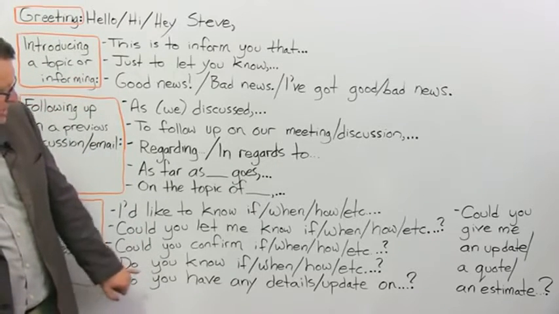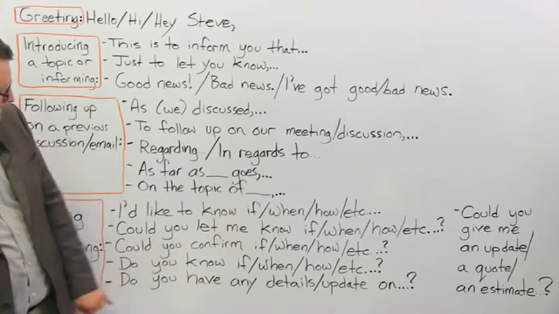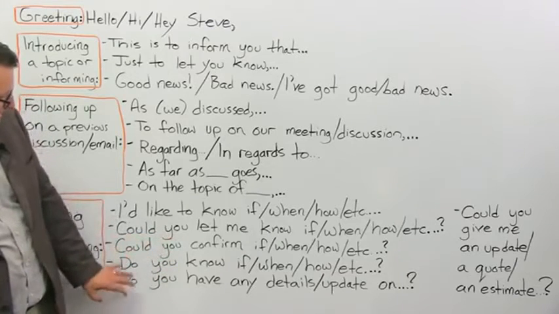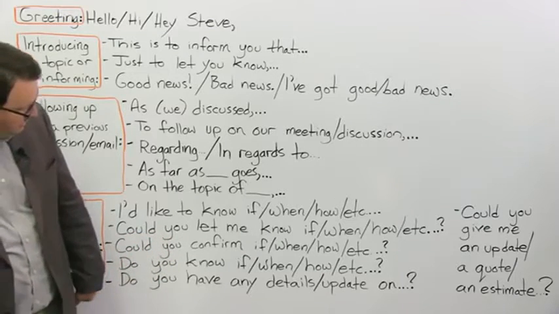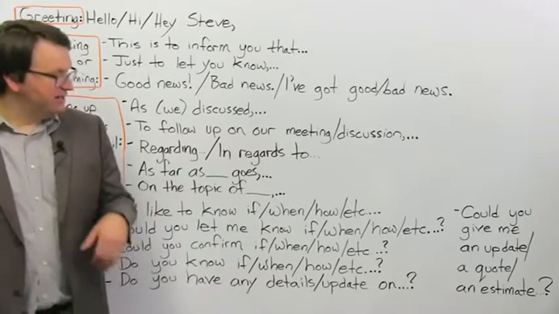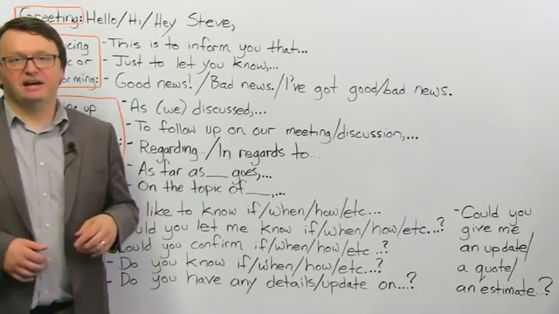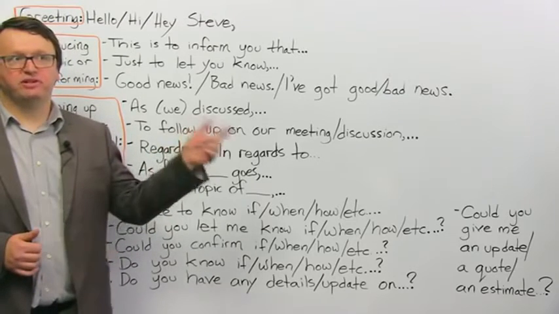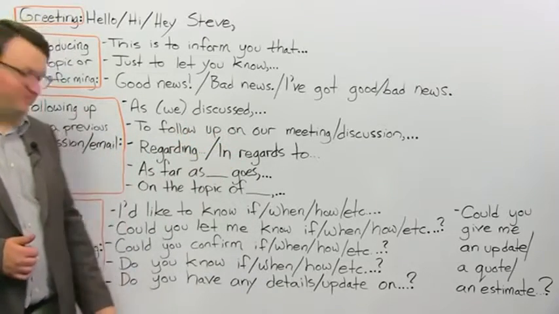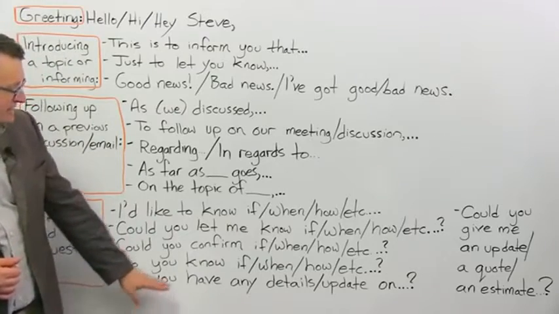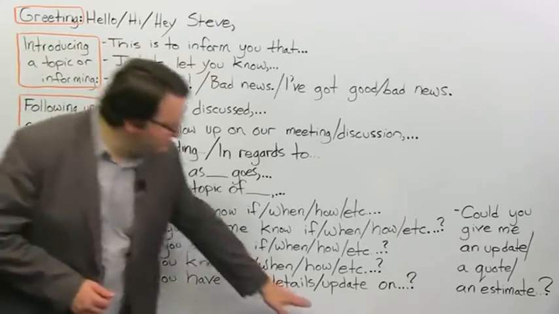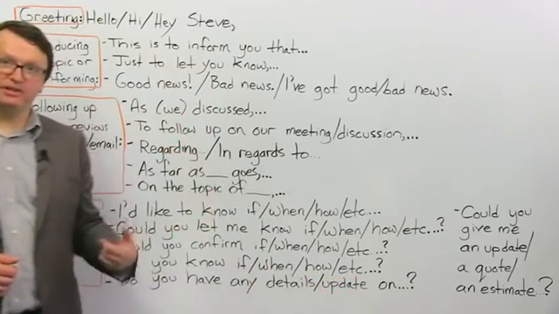Next, "do you know if, when, how," etc.? So do you know? Okay. So do you know when the money will be in my account? Okay. Do you know if the printer needs more ink? Okay. Do you have any details, any update on a topic?